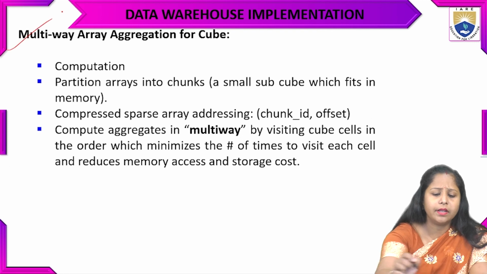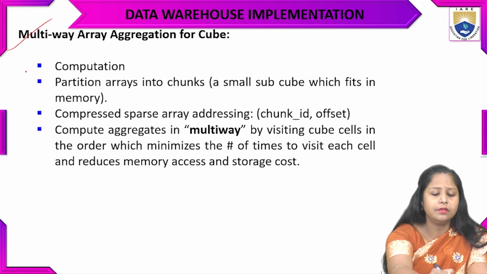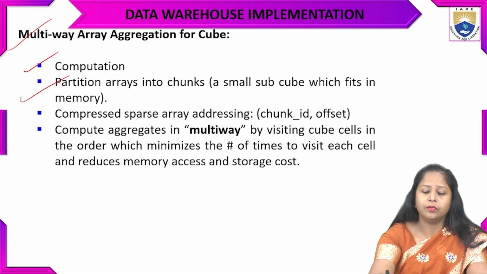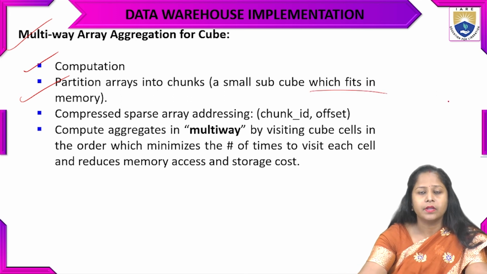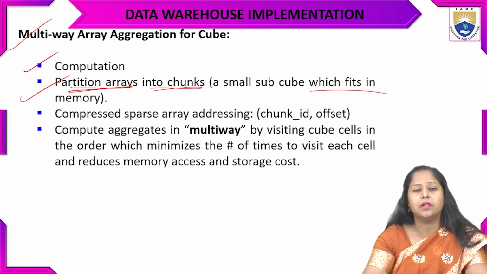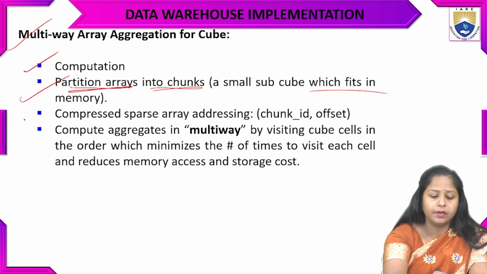For the multi-way array aggregation for the cube, we will follow the computation in which we partition the array into chunks, that is, a small subcube which fits into the memory. So the partitioned array into chunks is nothing but a small subcube that is stored in the memory.